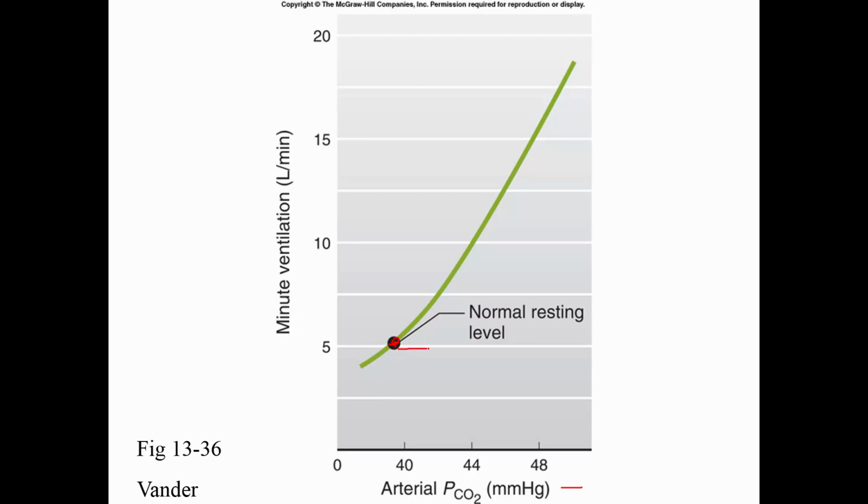Notice if CO2 increases to 44 millimeters of mercury, then ventilation goes up to about 10 liters per minute. So you have an increase from 5 to 10 liters per minute with this increase in arterial PCO2. And if your CO2 goes down, then your ventilation goes down as well. So there's a very strong relationship between arterial PCO2 and minute ventilation.